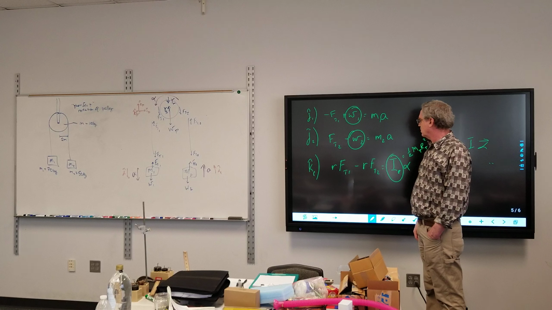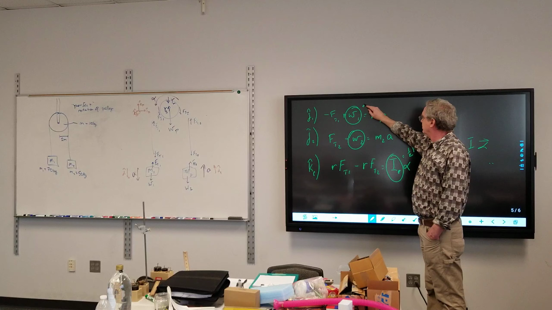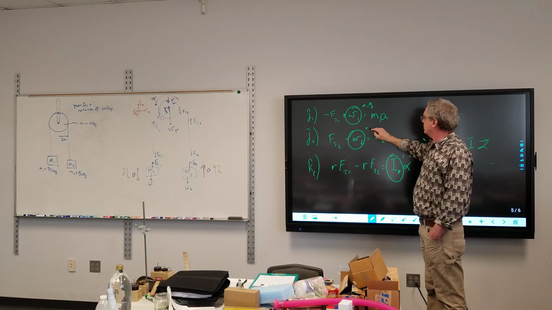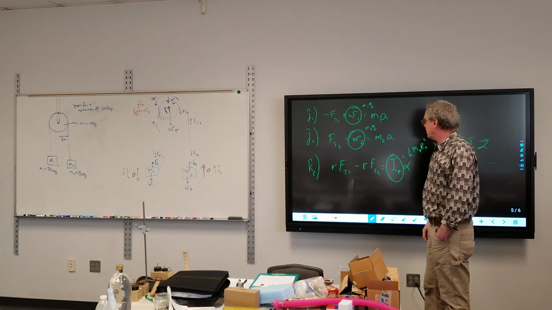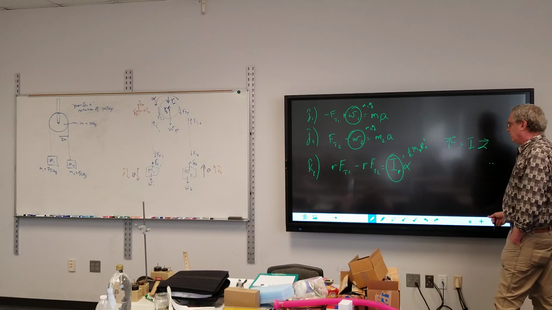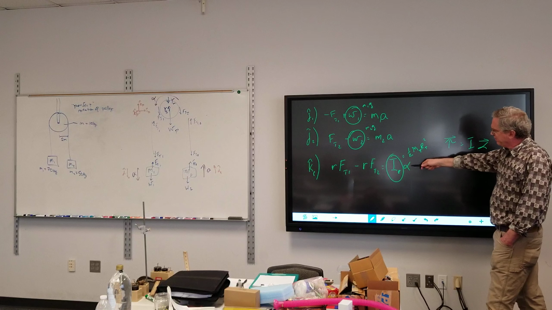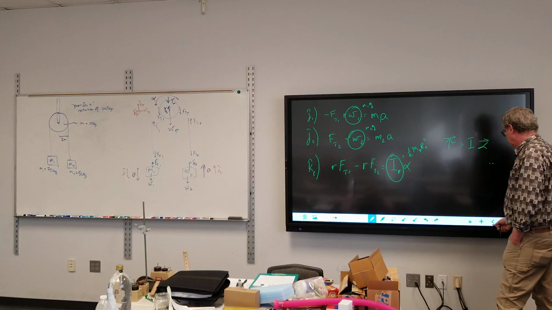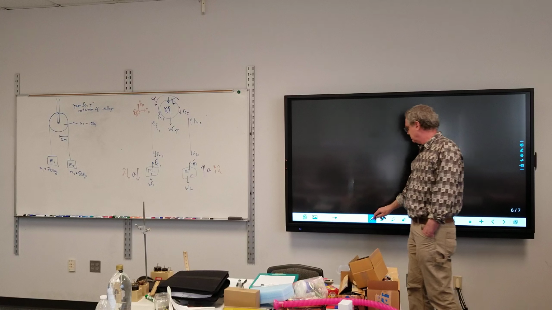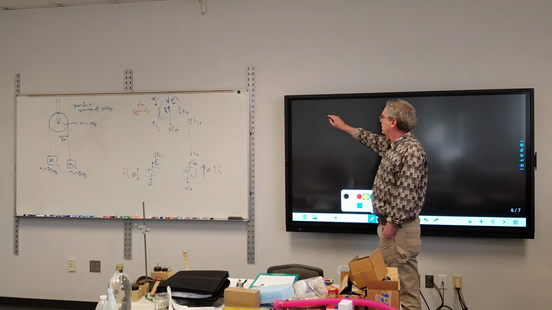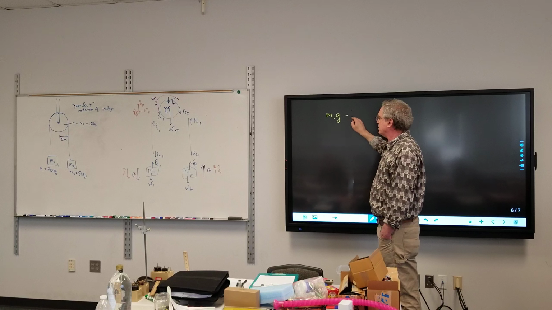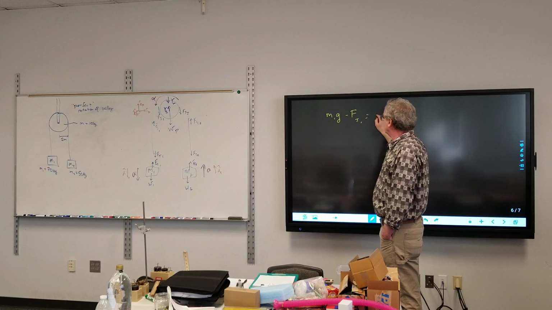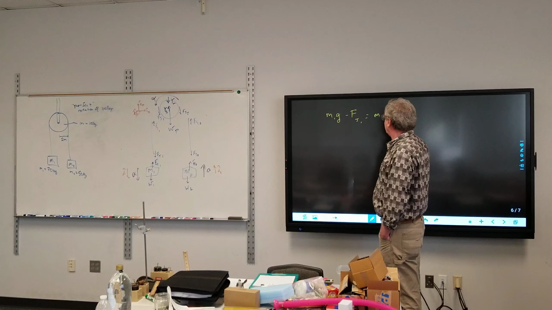M1G and M2G. Yep. And that'll take us to the next level. We do actually have to somehow connect alpha and A. So I have M1G minus FT1 equals M1A.